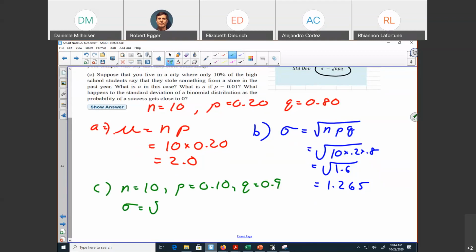Well, NPQ, so 10 times 0.10 times 0.90, which I think is 0.9. And taking its square root, you get 0.949.